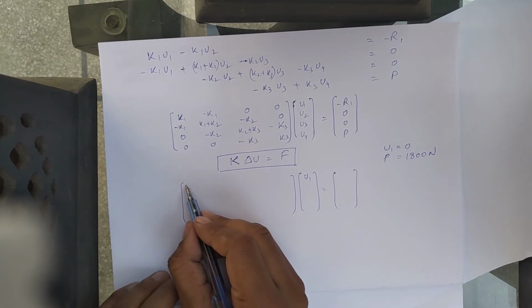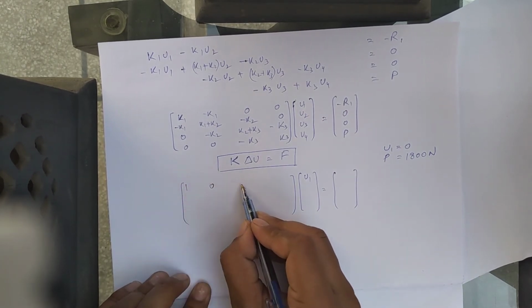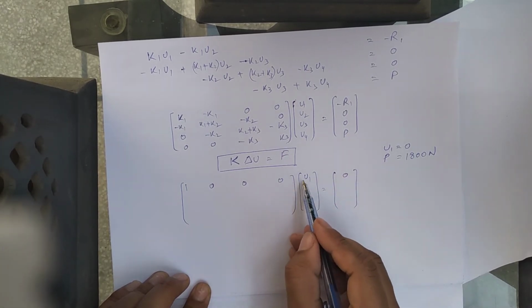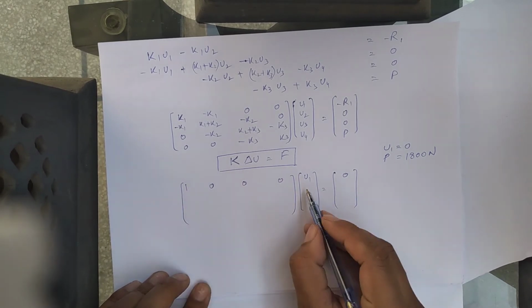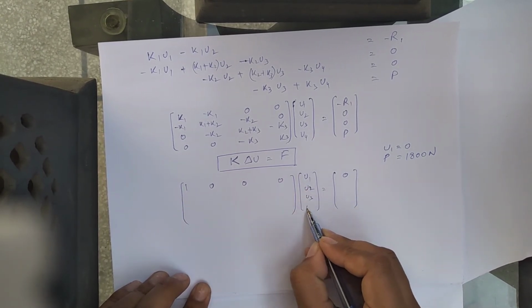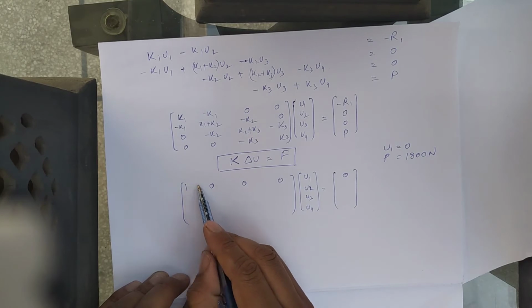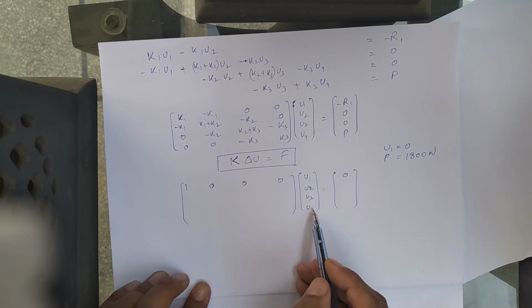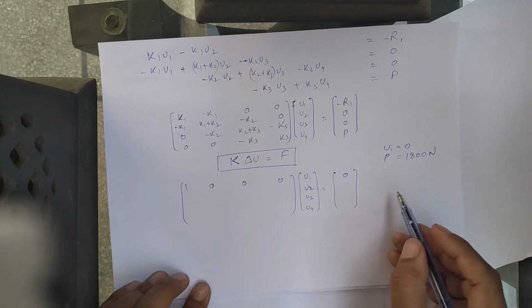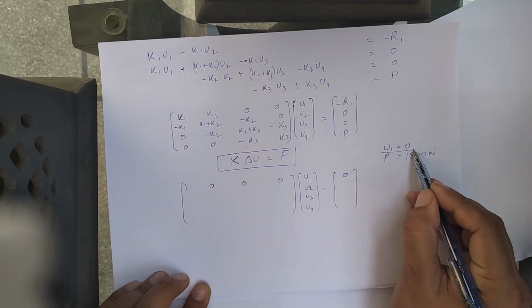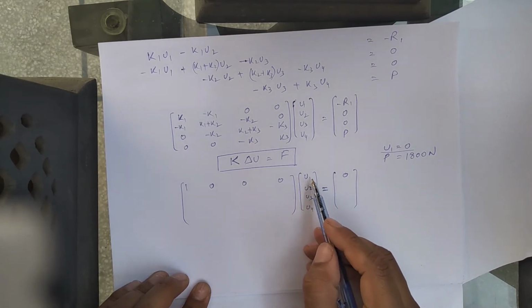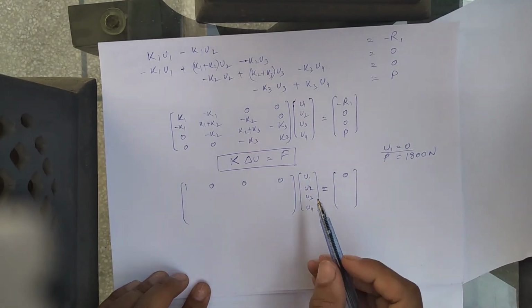So we will keep it 1, 0, 0, 0 equals to 0. If we multiply this equation, U1 will be multiplied with 1, so that will be U1. All the zeros will be multiplied with U2, U3 and U4. So we can read this equation like U1 equals to 0. We can apply a boundary condition like this, in a reverse direction.